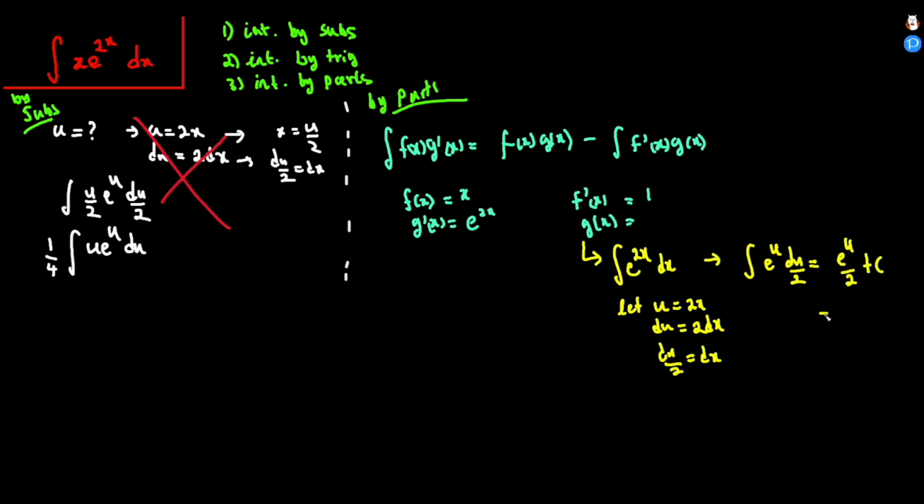Then you plug the 2x back in to get e to the 2x, you remember u is 2x, right? And then divide by 2 plus c. So this is just e to the 2x over 2 plus c.